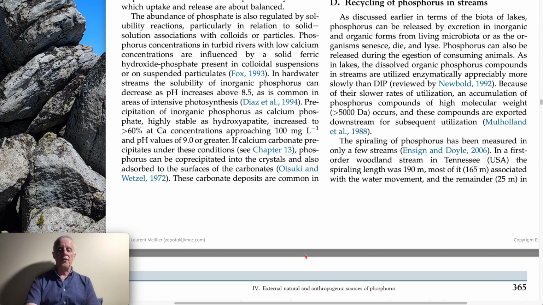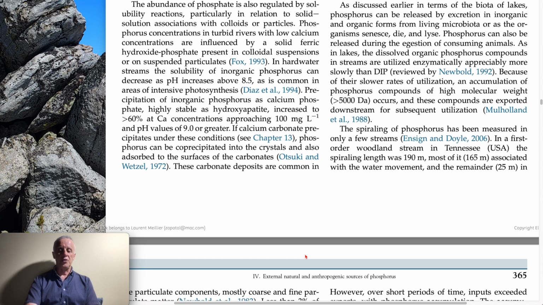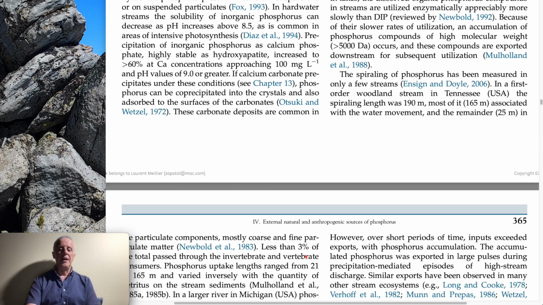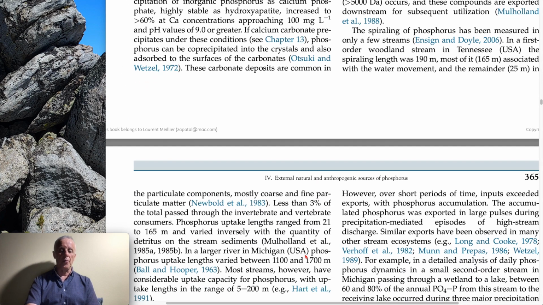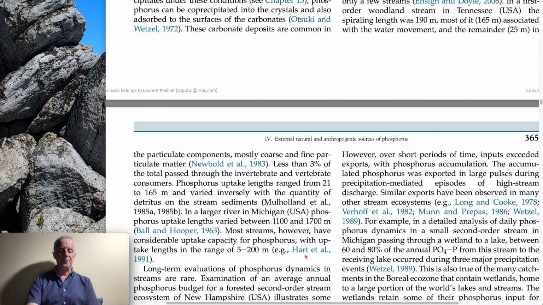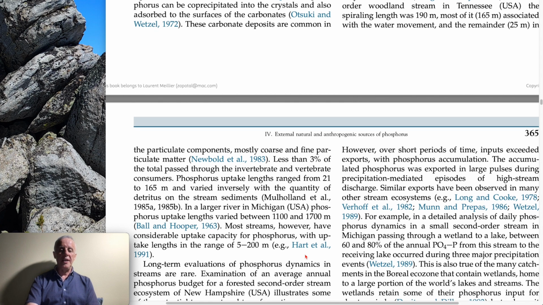The spiraling of phosphorus has been measured in only a few streams. In a first-order woodland stream in Tennessee, the spiraling length was 190 meters, most of it associated with the water movement, and the remainder in the particulate components, mostly coarse and fine particulate matter. Less than 3% of the total passed through the invertebrate and vertebrate consumers.